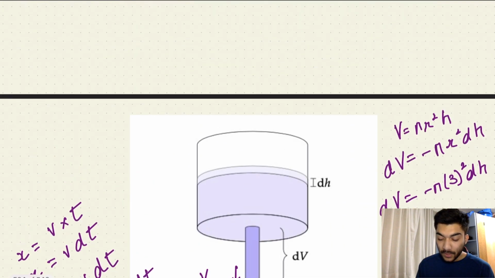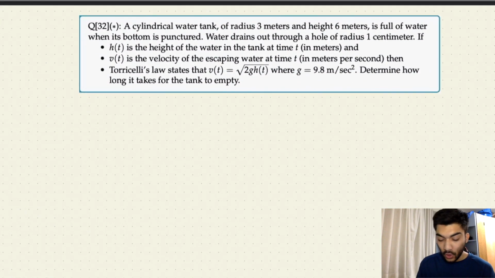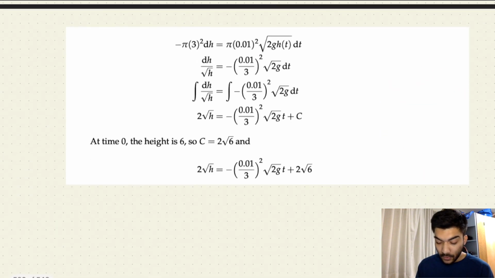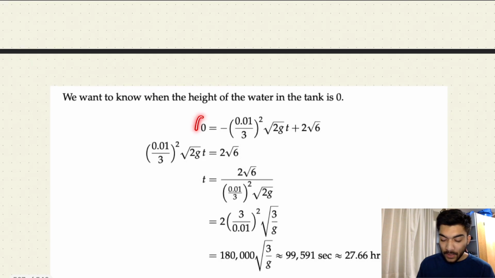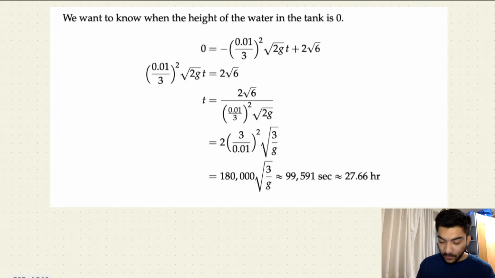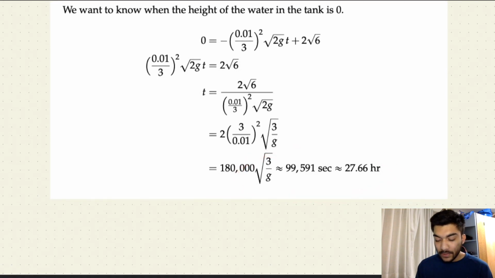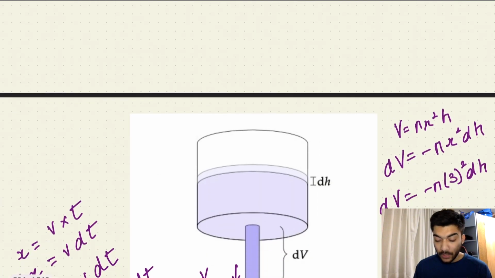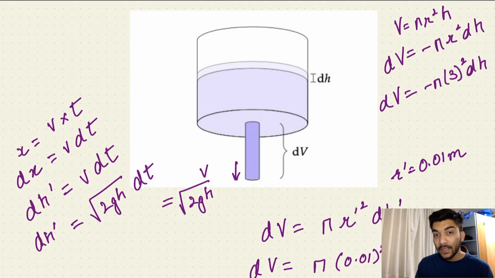And now in this question you had to calculate how long it would take for the tank to be empty, which means your time value when h is 0. So you can simply plug in h equals 0 in this equation to solve for t, and you'll basically get 27.66 hours as your final answer. But the main important point about this question solution was basically identifying how to get the differential equation.